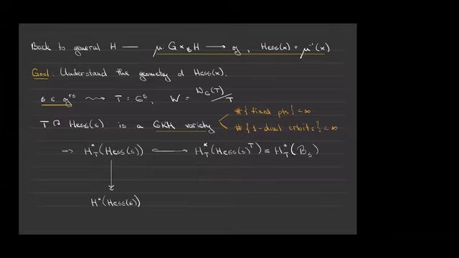Now, equivariant cohomology of the T fixed points is just equivariant cohomology of the Grothendieck-Springer fiber, which is a finite set of points indexed by the Weyl group. So this looks like a sum of Weyl-group-many equivariant cohomologies of a point, and this looks like a sum of Weyl-group-many coordinate rings of the Cartan.